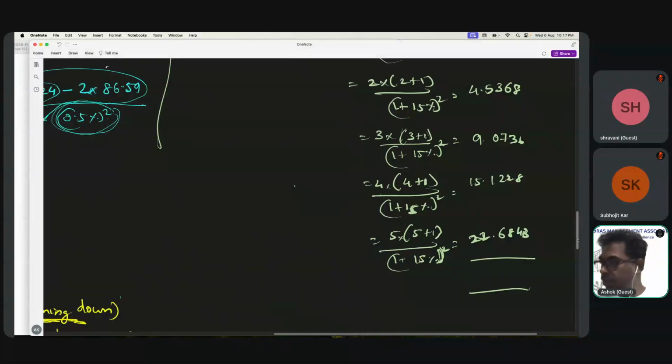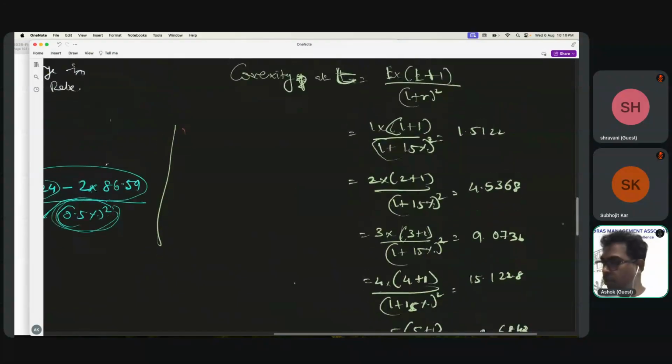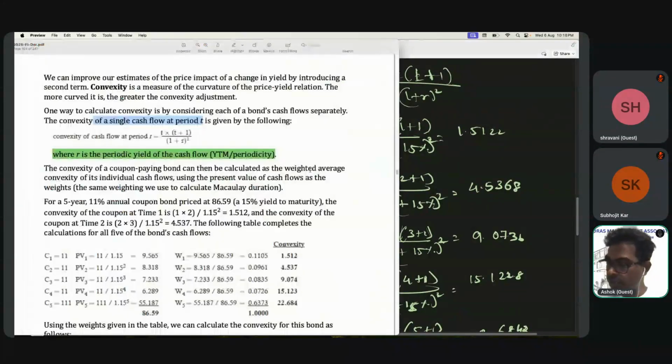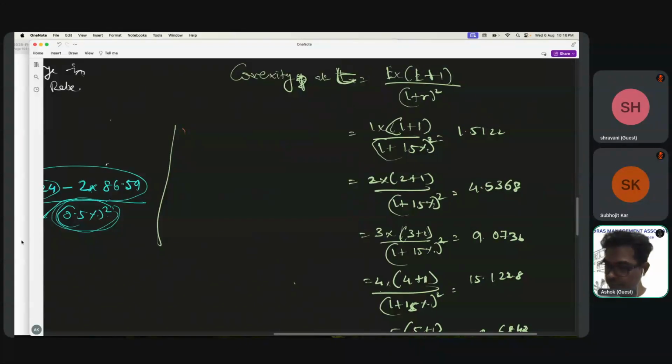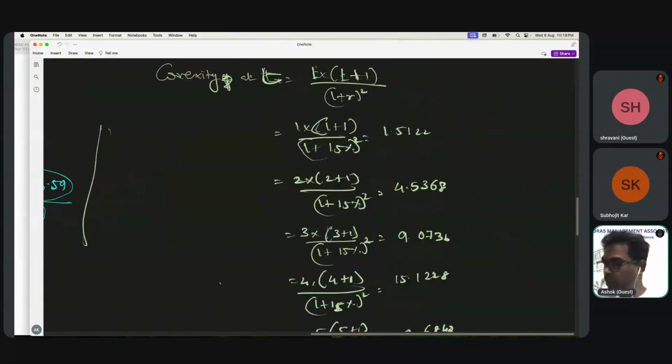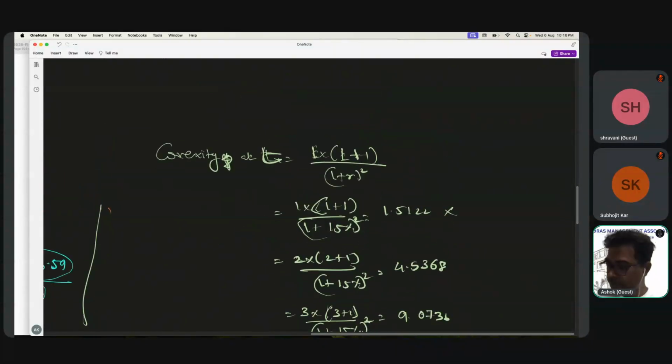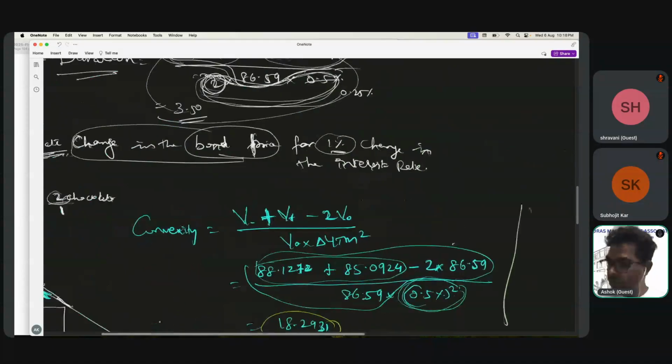Acha, I made one mistake. This has to be multiplied with the present value. Not exactly a mistake, I can continue from here also. So this is the convexity, and I have to multiply with the price. So for the first year, what is the price?